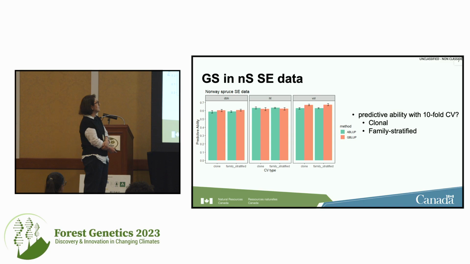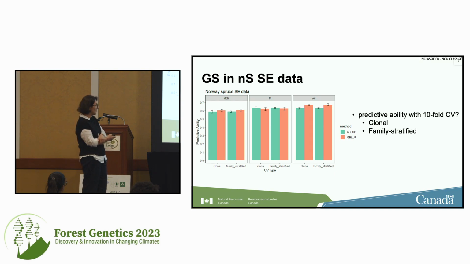Again, this is a proof of concept study, and we looked at the predictive ability of genomic selection for this clonal material. We tried different scenarios. With the clonal scheme, we assigned 10% of the clones randomly for the validation population, and for the family stratified scheme, we paid attention to the families and assigned 10% of the clones within family for the cross validation.